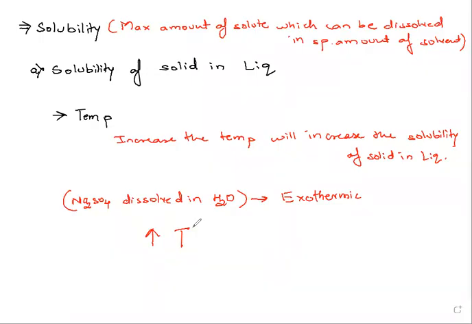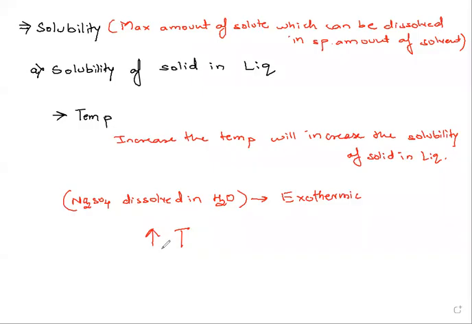Now, Le-Chatelier principle क्या बोलता है? Le-Chatelier principle बोलता है कि अगर कोई process exothermic है, and in that case we increase the temperature, the process will shift in the backward direction. और हमको तो dissolve करना है, तो मतलब यहाँ पे dissolve नहीं होगा.